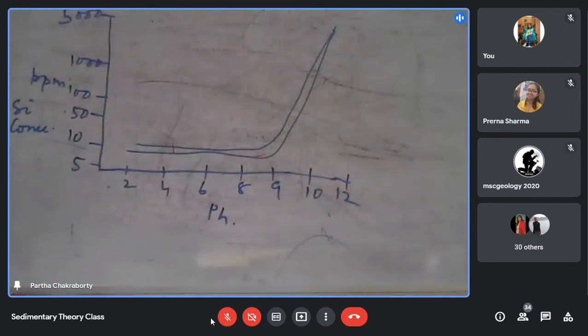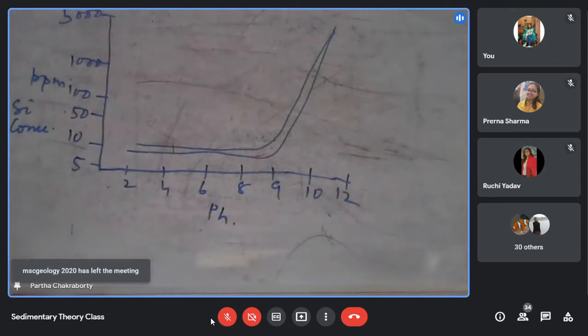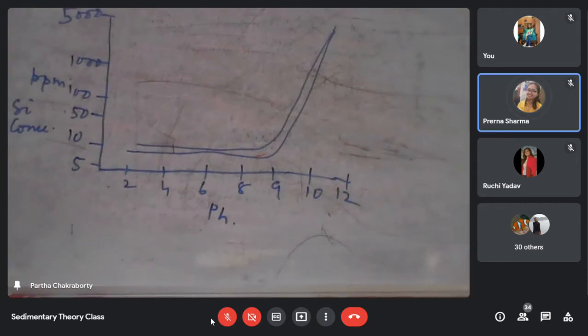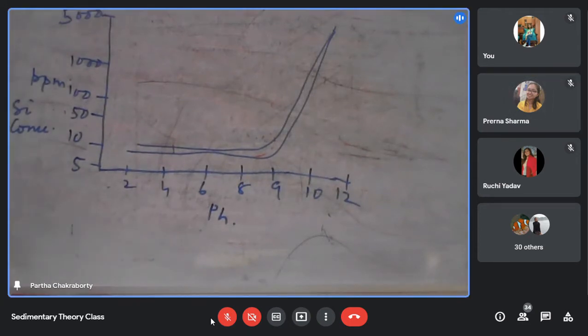Now you see the distribution in the ocean. Where do you get the siliceous tests? Below the CCD.